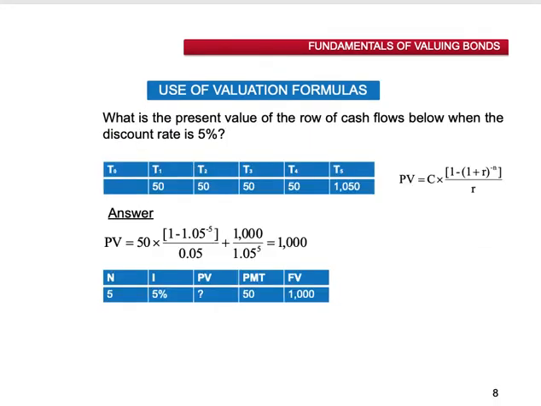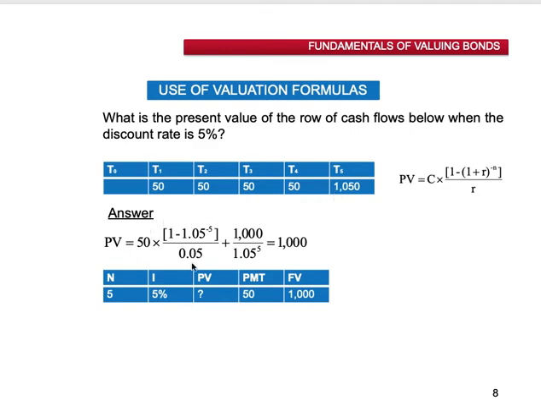In this slide, I've shown you how to calculate the present value of a coupon paying bond that, as we've discussed in the previous slide, has a cash flow payment of 50 for 5 years. And we also need to include the face value at T5 as well as a cash flow payment.